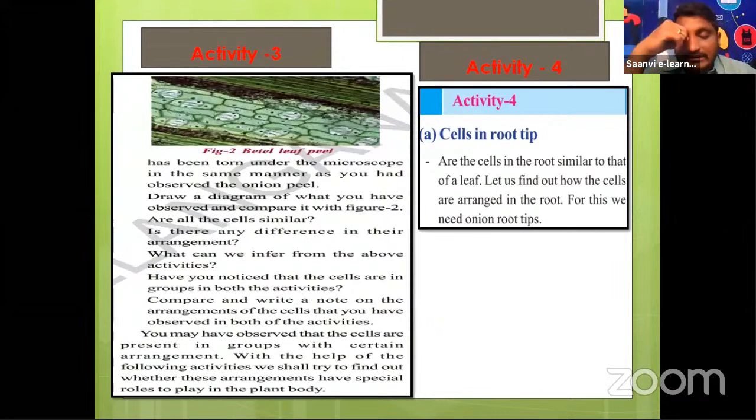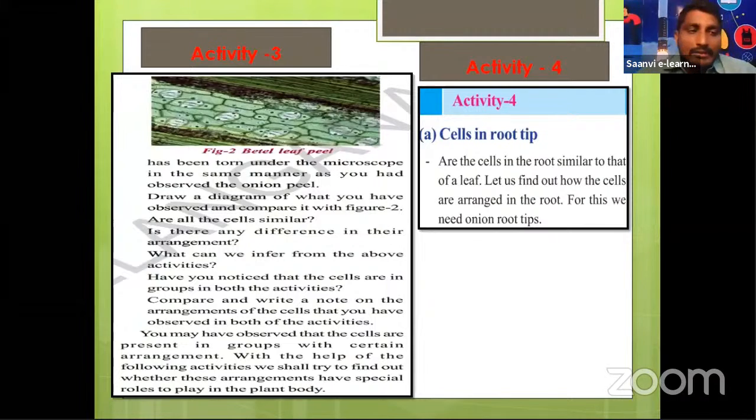Already we have discussed it just now. Cells in activity 2, onion peel activity, are almost of the same size and same shape, right?